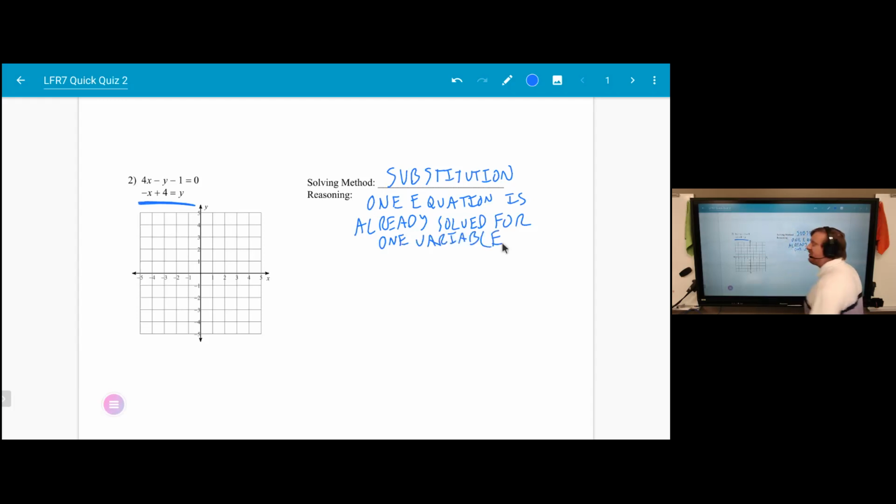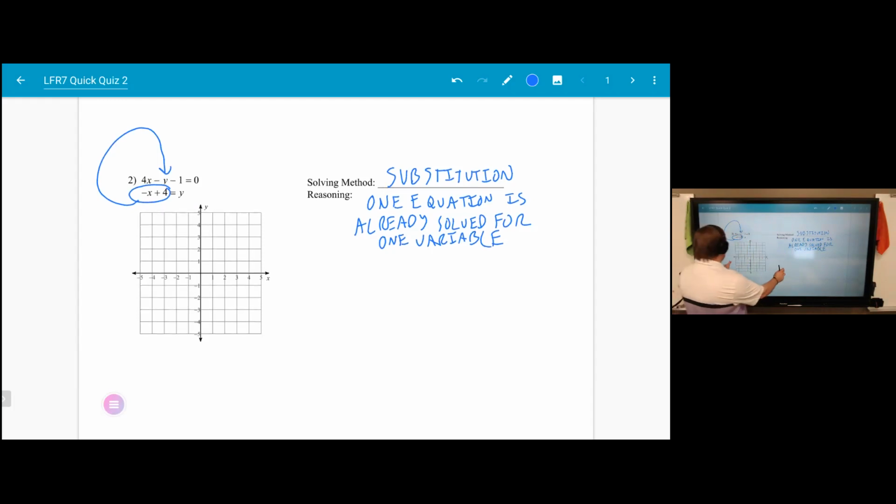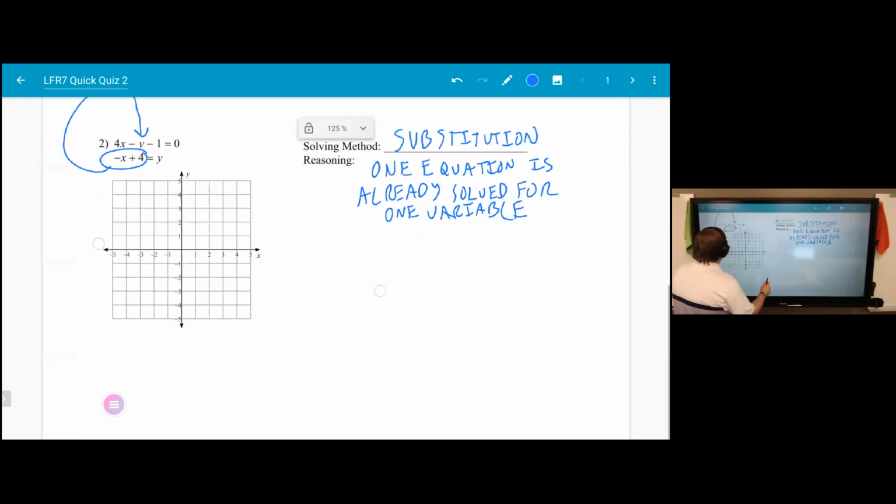I've already got the first step done in substitution. I've solved one equation for one variable. So what I'm going to do is anywhere I see y in the other equation, I'm going to substitute in -x plus 4. Anywhere I see y, I'm going to replace it.